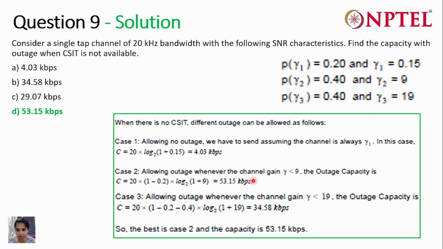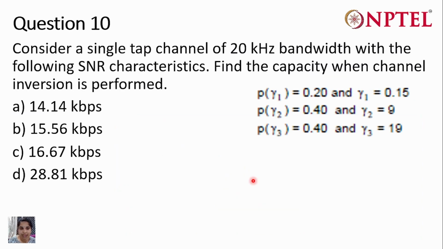This is the trade-off, the balance we have to find based on which channels to take and which will give the best capacity. How do you find the capacity when channel inversion is performed?